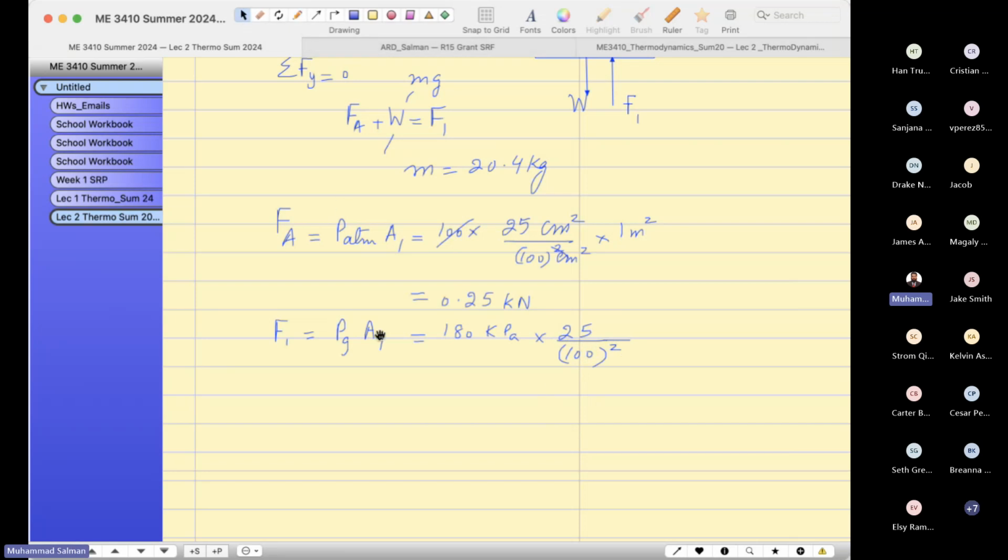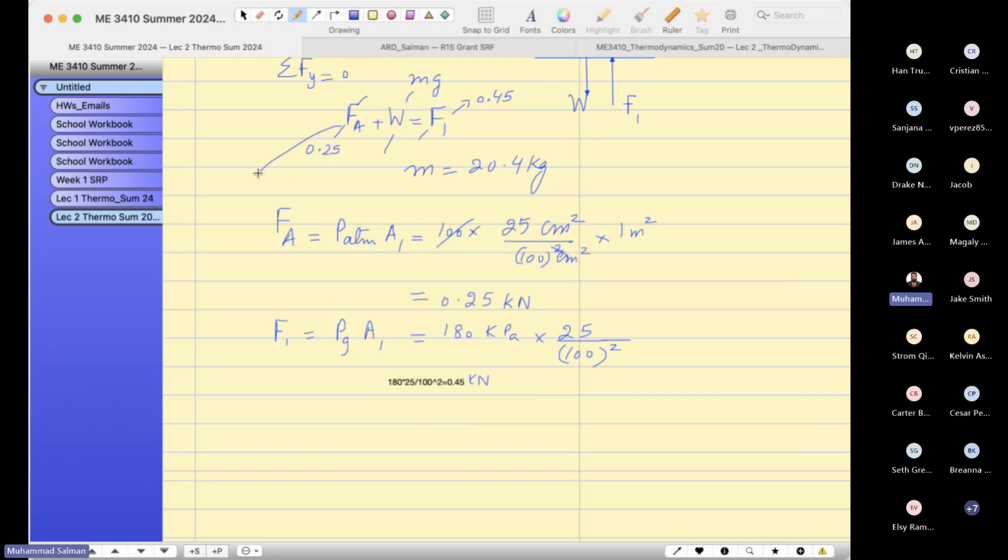If you do the math here, 180 times 25 divided by 10,000, I would say 0.45 kilonewtons. So this is 0.45. And this is how much? 0.25.